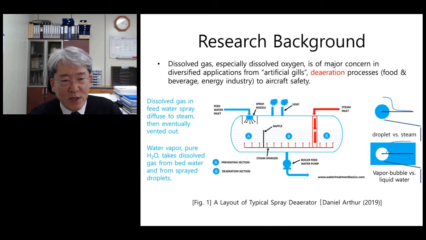Methodology-wise, the aeration process used in food, beverage, and energy industry is a well-established process to extract dissolved gas from liquids. However, the conventional process equipment is large in scale and high energy consuming.